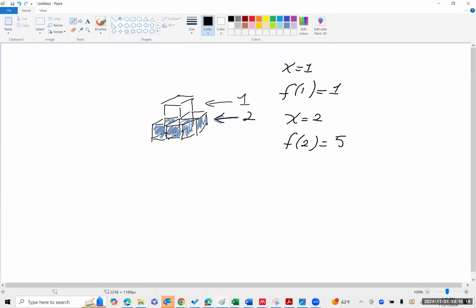And by the way, notice that, and of course, I'm doing my best here to eyeball things, this object here is a perfect square because it's a 2 by 2. So that's kind of important. The bottom is a 2 by 2.